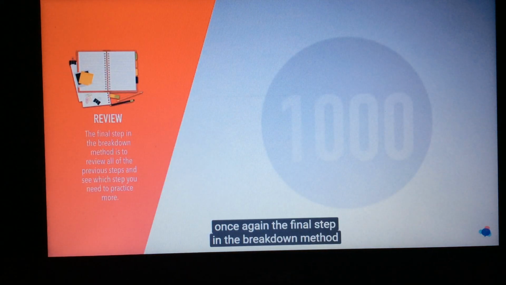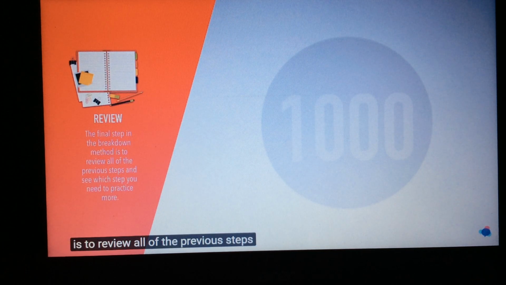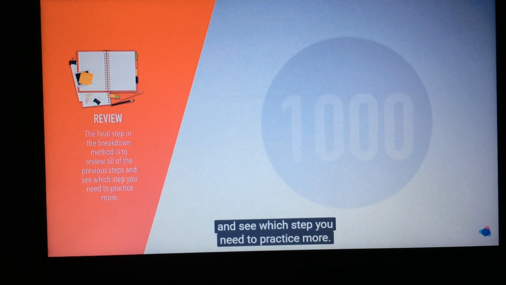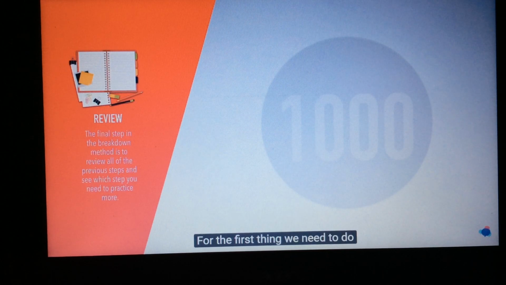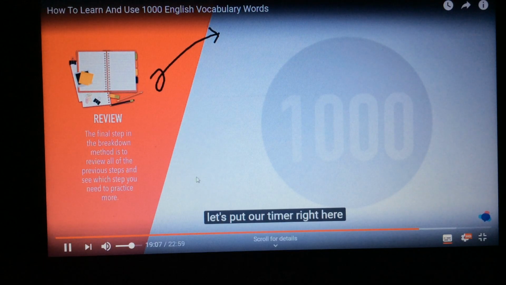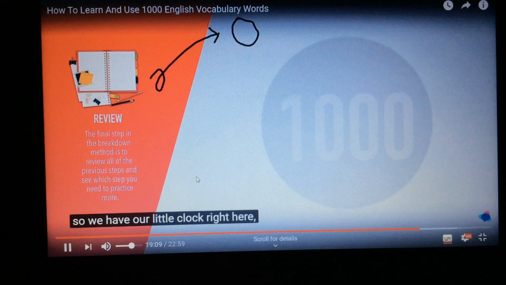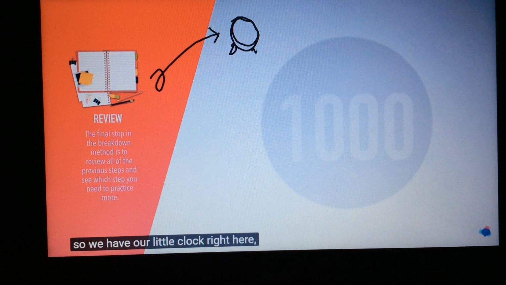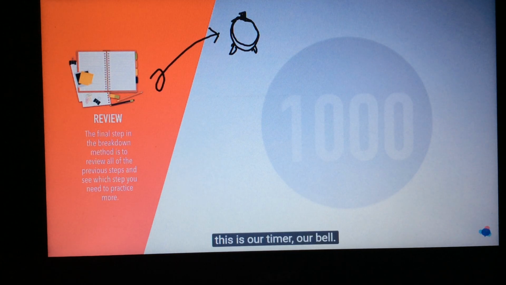Once again, the final step in the breakdown method is to review all of the previous steps and see which step you need to practice more. So let's jump in. Here we go. The first thing we need to do, let's put our timer right here. So we have our little clock right here. This is our timer, our bell.